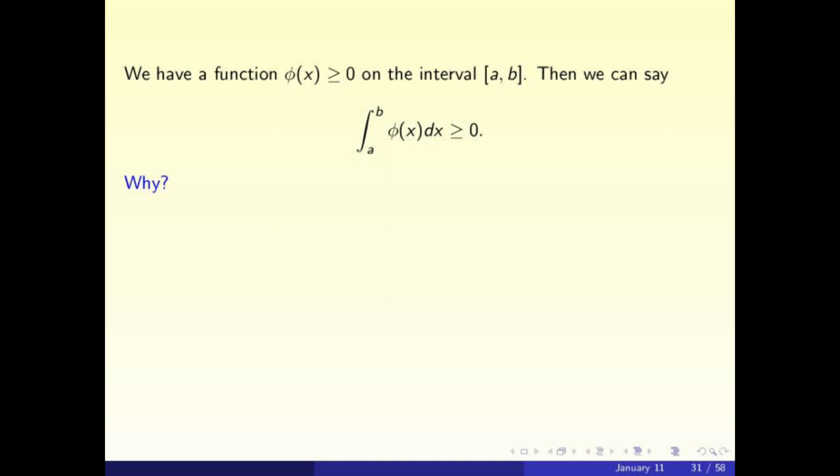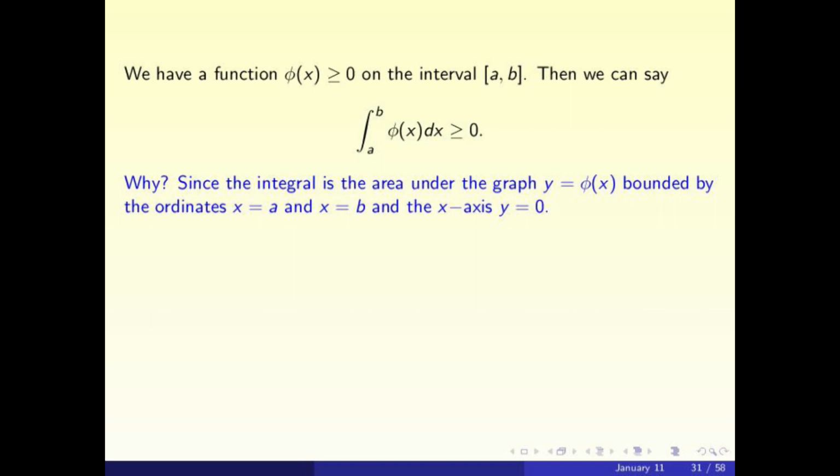You will agree with me on that. Why? Because what is the integral? The integral is the area under the graph y equal to phi of x between x equal to A, x equal to B and y equal to 0.